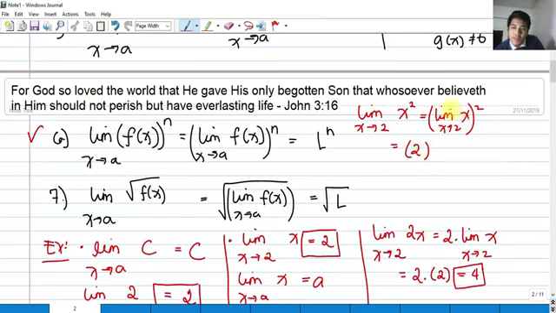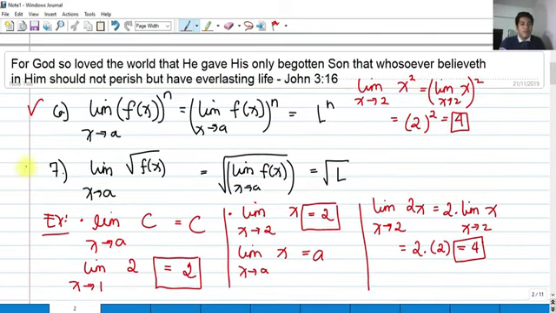Agree with me? Because that's what the property is trying to say. Now, don't forget that we have squared here. So we have 4. So we can always do that. Or we can actually directly substitute 2 here in order for us to evaluate the limit. No problem with that. But still, I'm going to show you the properties.